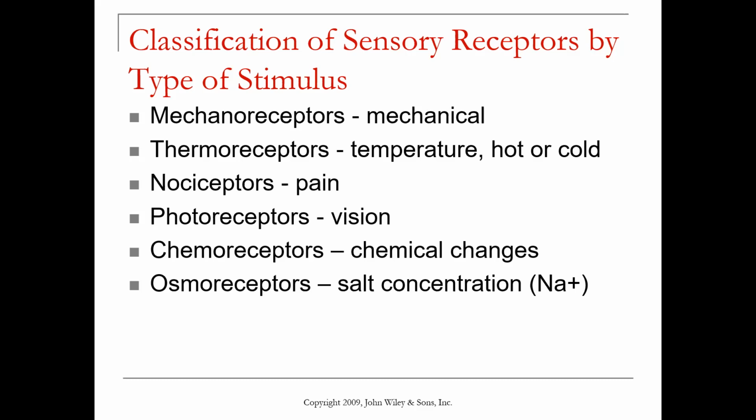They respond to pain. Again, they don't know where it's coming from. They don't know what's causing it. They don't even know where it's coming from sometimes, but they respond and generate a nerve impulse when they're stimulated by pain. Now, photoreceptors, located only in the eye.